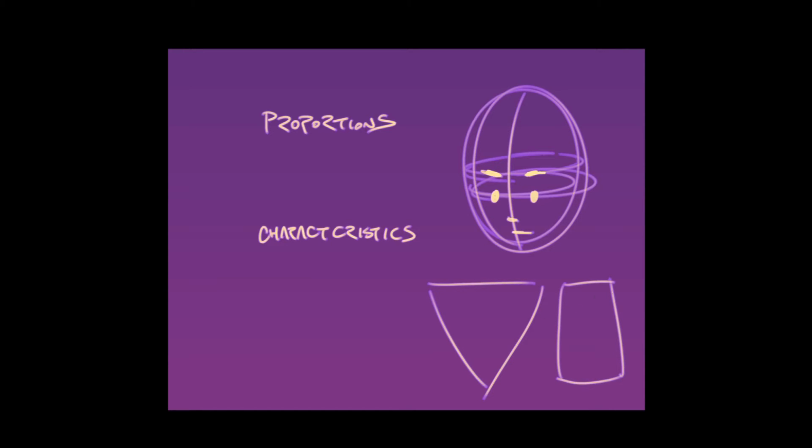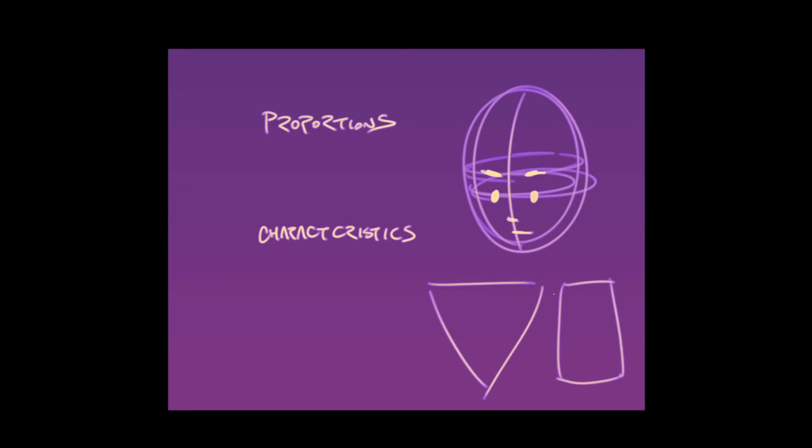The other thing is characteristics. So let's say you have a character with like a triangle head and another character with like a box head.